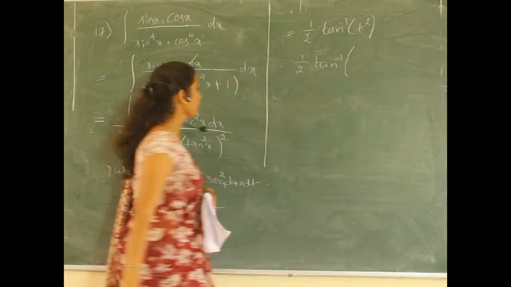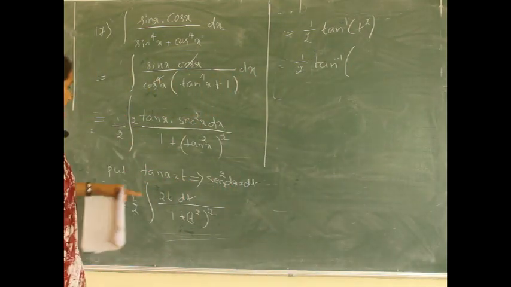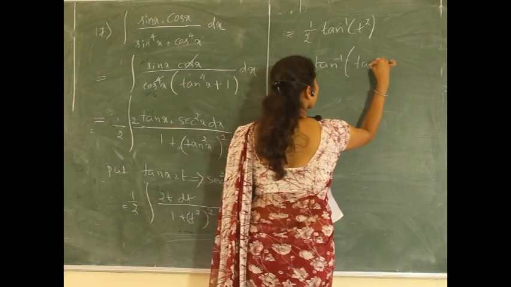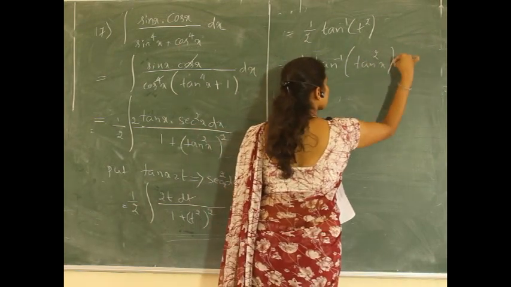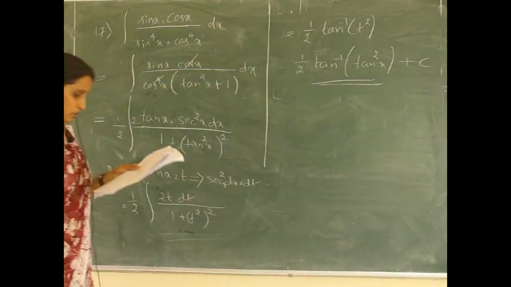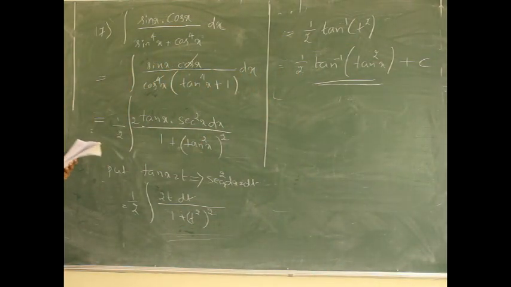What is t square? We have taken t as tan x, so it is half into tan inverse of tan square x plus c. So that is in option C.